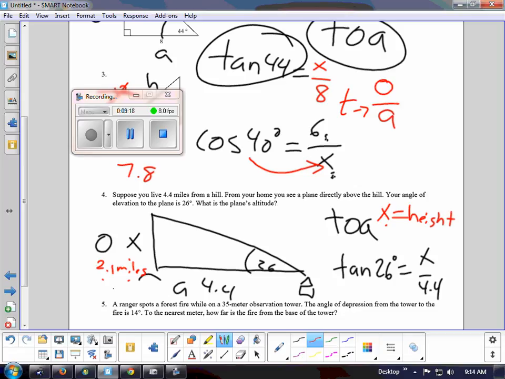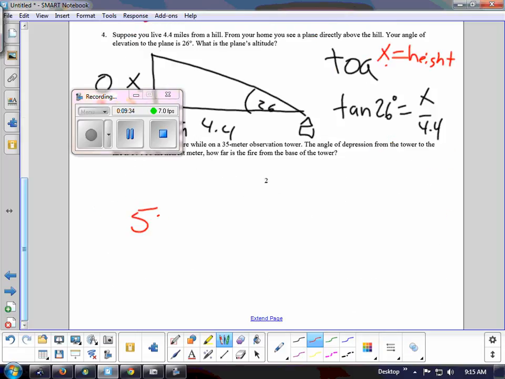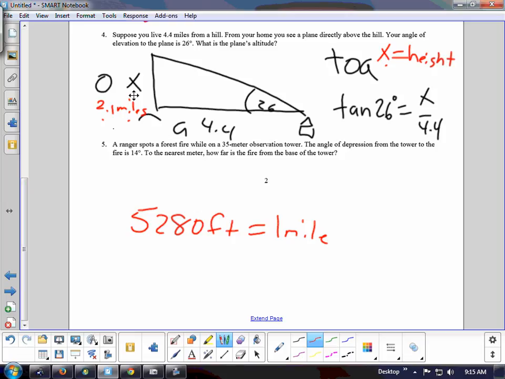How do you make feet into miles? Okay, this question is all in miles. It doesn't say anything about feet, right? If it did, you would use 5280 feet equals 1 mile. So if I had 2.1 miles, I would multiply that by 5280.